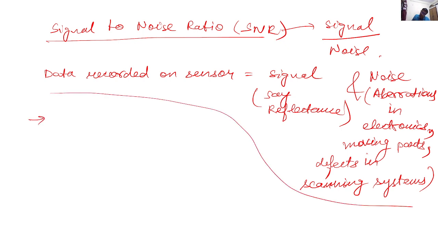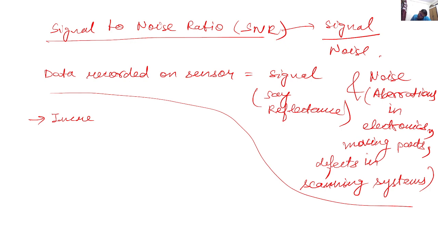So we would ideally want to have a large value of signal to noise ratio. A larger SNR would depict that the noise is low and the signal received by the sensor is large. That is what we would want to have ideally. But there are some issues also.